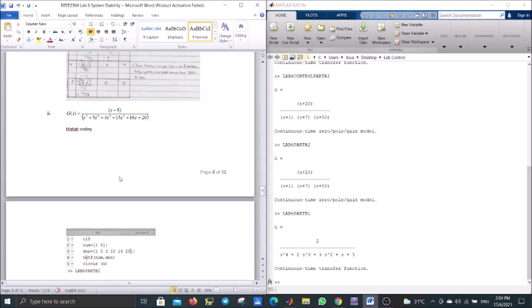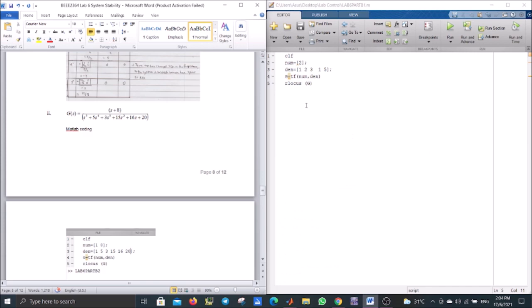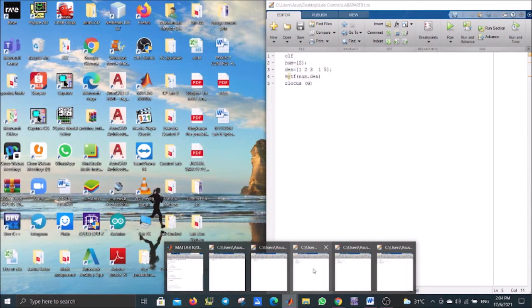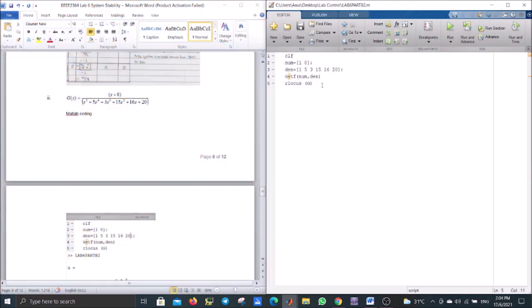For part B number 2, as I said before, use the same code and substitute the value. So for part B number 2, I change the numerator.